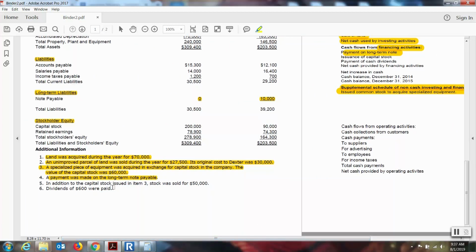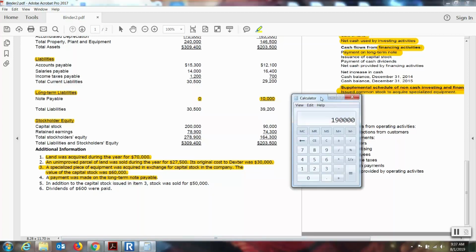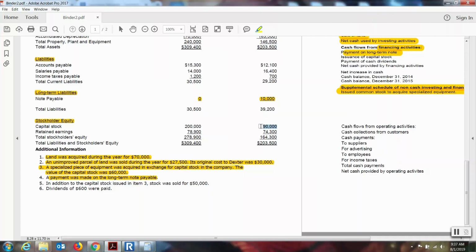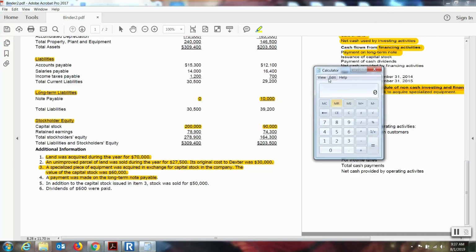Next, in addition to the capital stock that was issued in number 3, stock was sold for $50,000. Let's go up and just analyze the stock account then. We're finished with long-term liabilities. Now we're at common stock. So the balance was $90,000 and the balance now is $200,000. So let's start. There's our $90,000 to begin with.